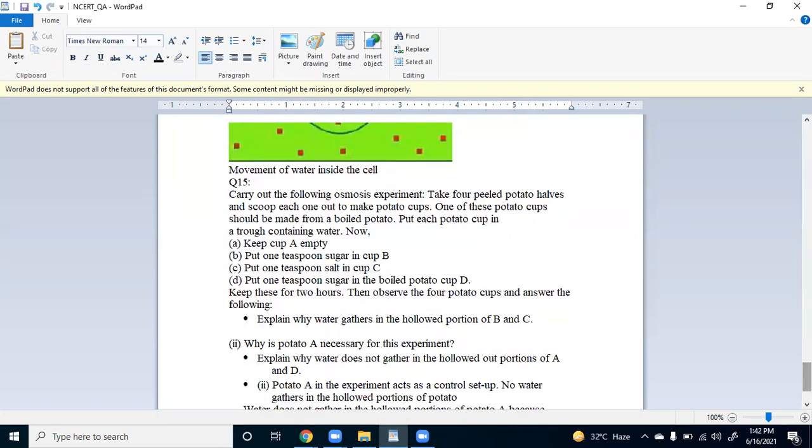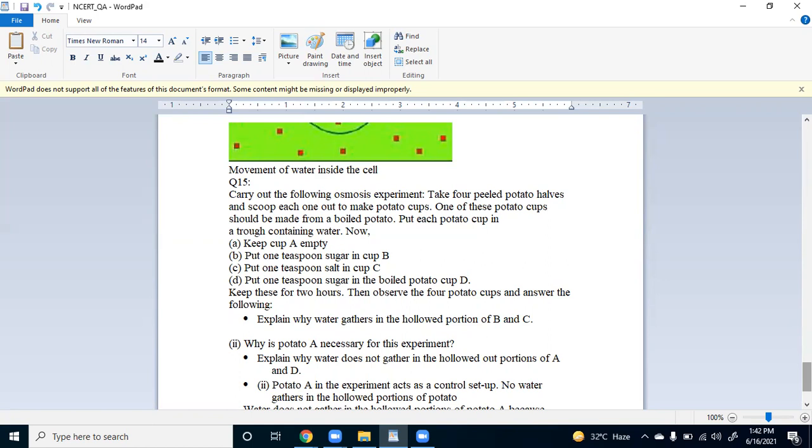So let's move to question number 15. This is an osmosis experiment. Here you need to take 4 potato halves, and they should be peeled, meaning the outer skin has to be removed.